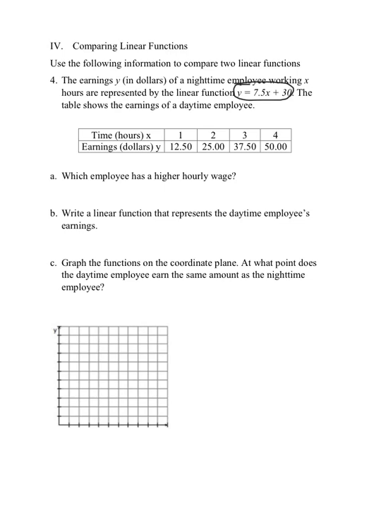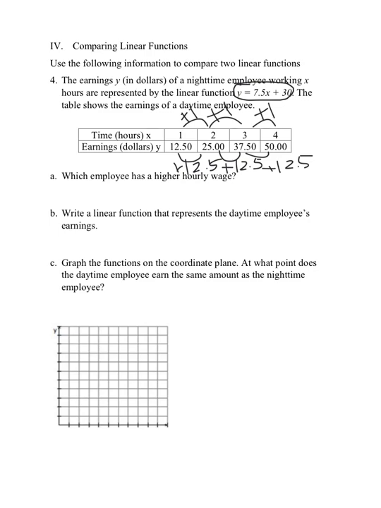Write that function, and then we can graph that function. Here we can see that each time your hours increase by 1, so +1, +1, +1 for this employee, their earnings increase by $12.50, so 12.5, 12.5, and 12.5.